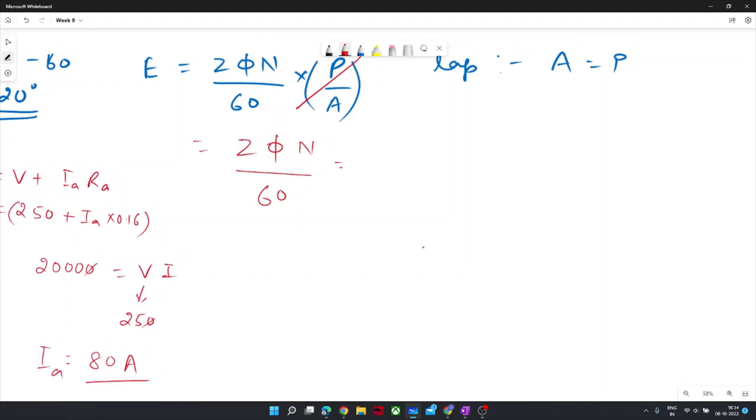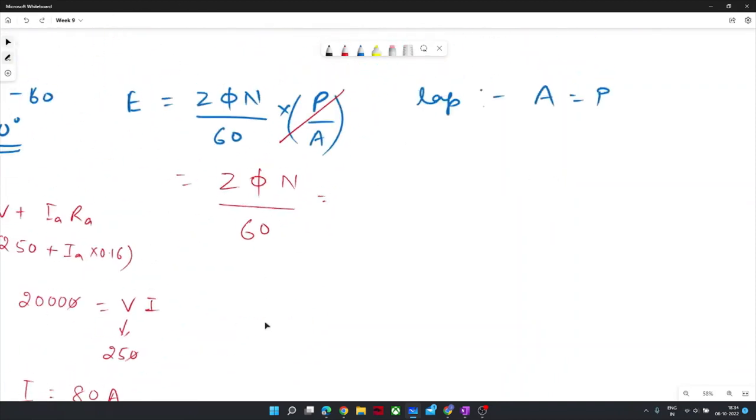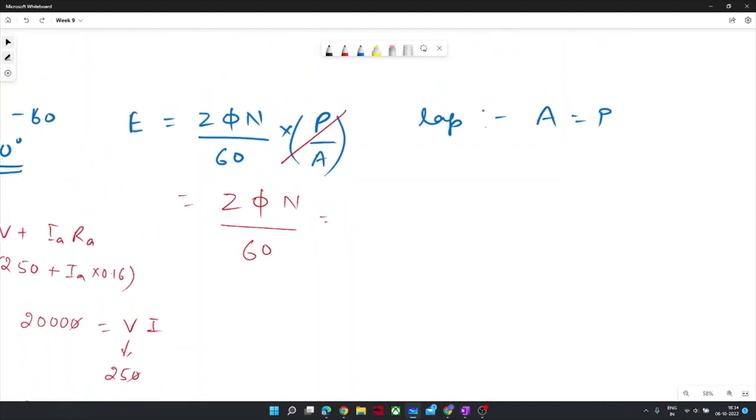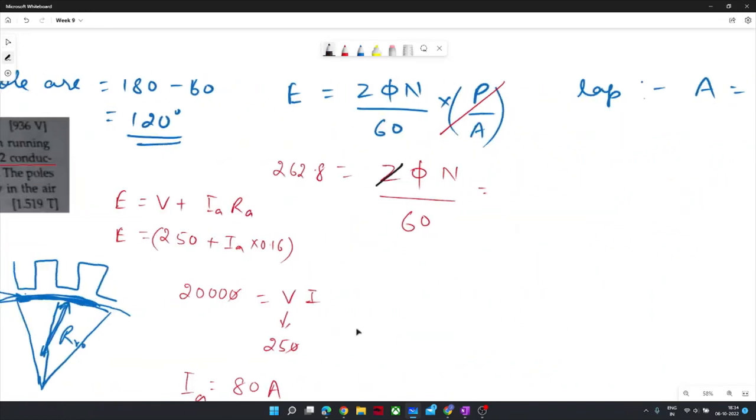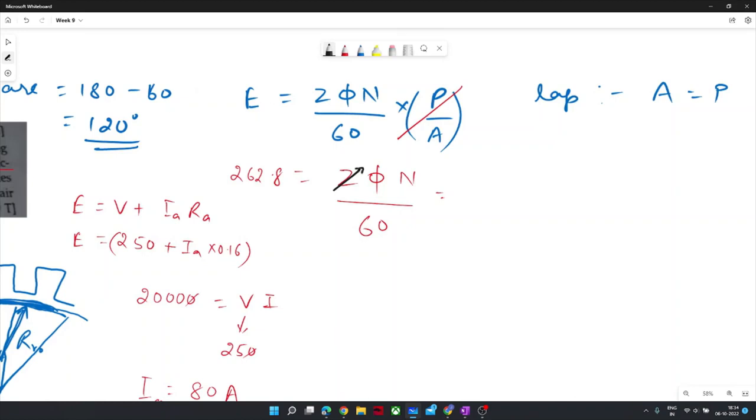And now we know the value of E, 262.8 volt. So 262.8, and this Z was 652, N is 400.